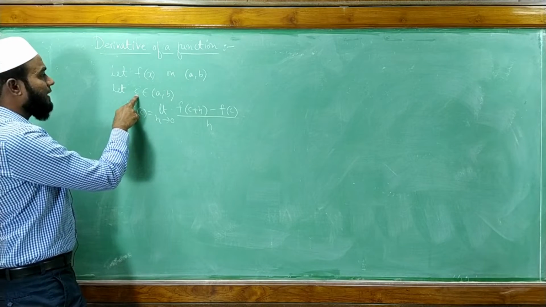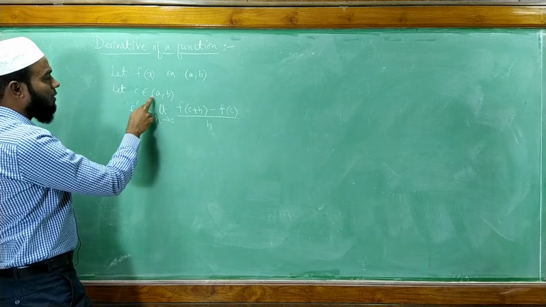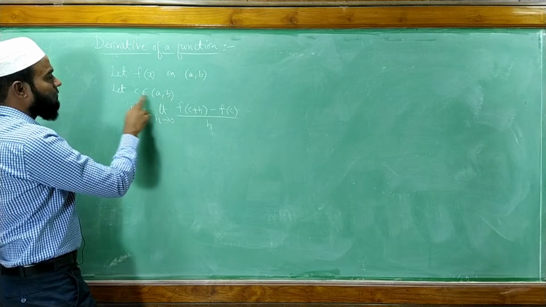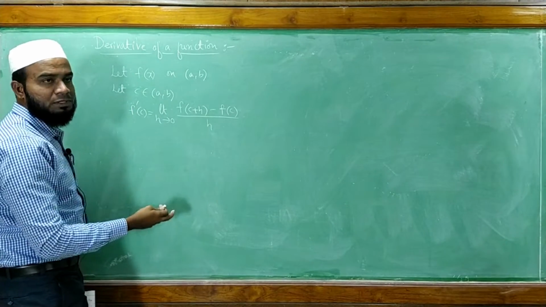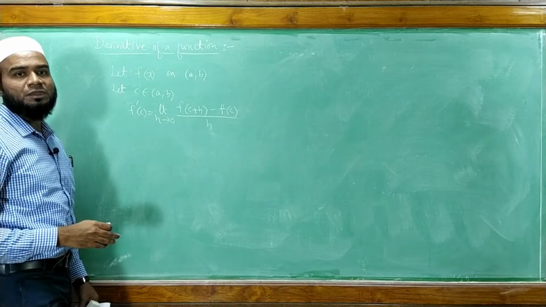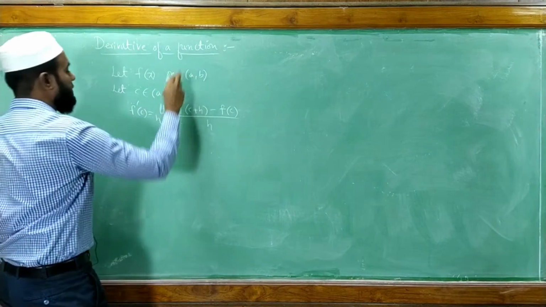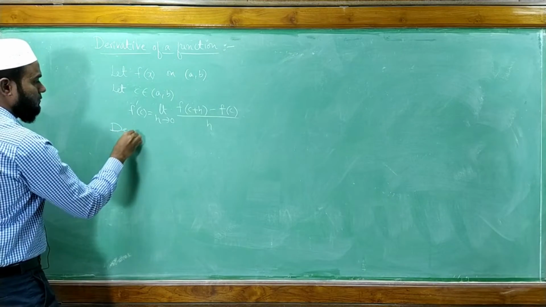Now instead of at any point, if I find the derivative at all the points in between a and b, then I'll get this kind of limit value at all the points. That will give me a new function. That function is called the derivative of a function.